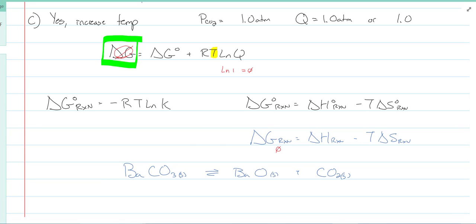We'll look up delta H values. So delta Hf for barium carbonate is negative 1213.0 kilojoules per mole. For barium oxide, it's negative 548.0 kilojoules per mole, and carbon dioxide is negative 393.5.